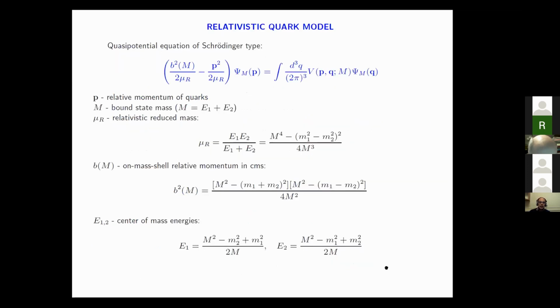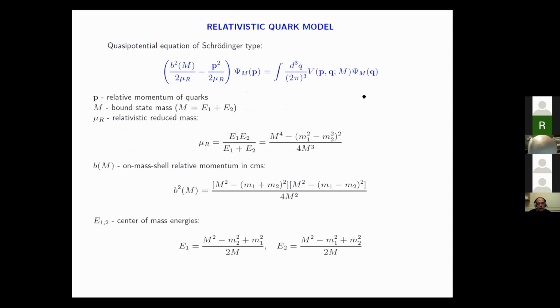To achieve this goal, we will use the relativistic quark model, which is based on the quasipotential approach. A diquark as a bound system of two quarks, and a tetraquark as a bound system of a diquark and an antidiquark, is described by the quasipotential equation, which is presented here in Schrödinger-like form.